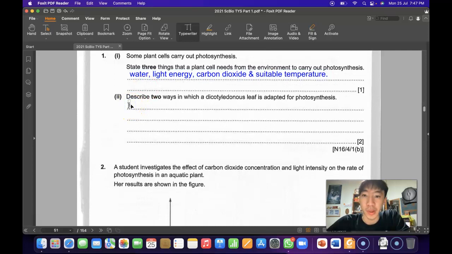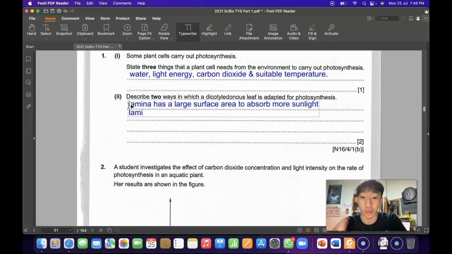Okay, describe 2 ways in which a dicotyledonous leaf is adapted for photosynthesis. So we can talk about the lamina. Lamina has a large surface area to absorb more sunlight. Okay, this is still the same point. Still the first way. It's also very thin, allowing for quick diffusion of gases.